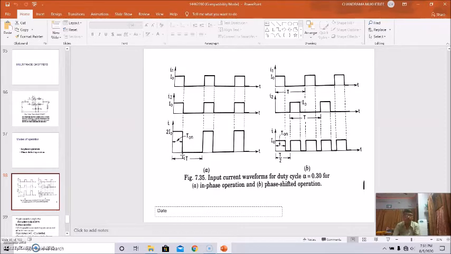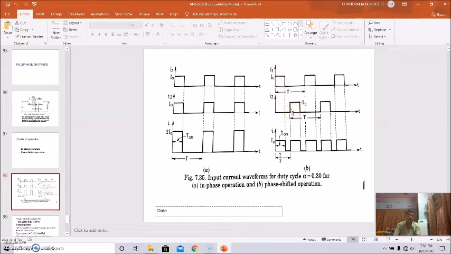This is the output current for in-phase operation, and this is for phase-shifted operation. This is the output for chopper 1, and this is the output for chopper 2.